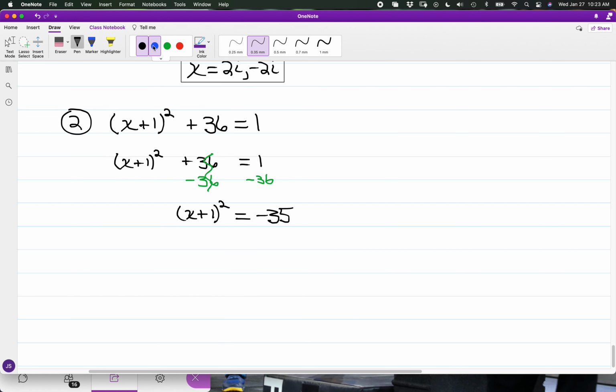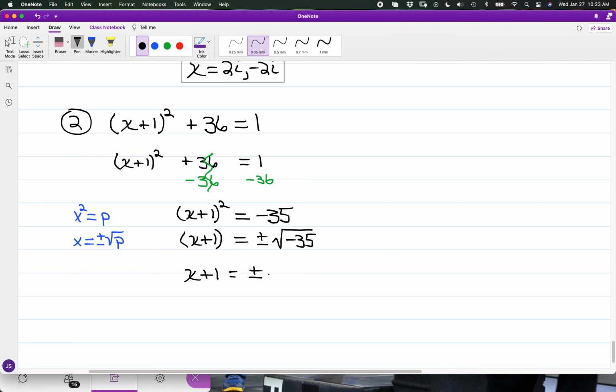And again, we're utilizing the square root property of equality. I'm going to go from the square of x plus 1 to x plus 1, and have it equal to plus or minus the square root of negative 35.